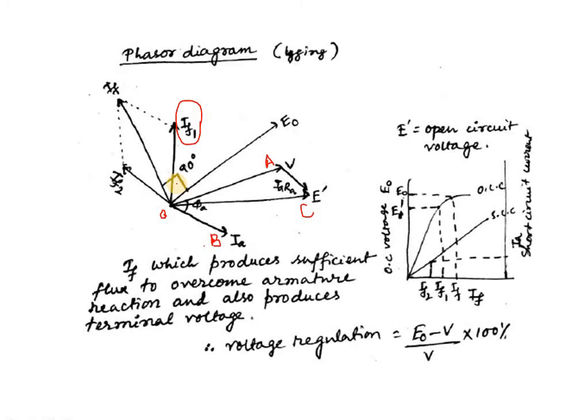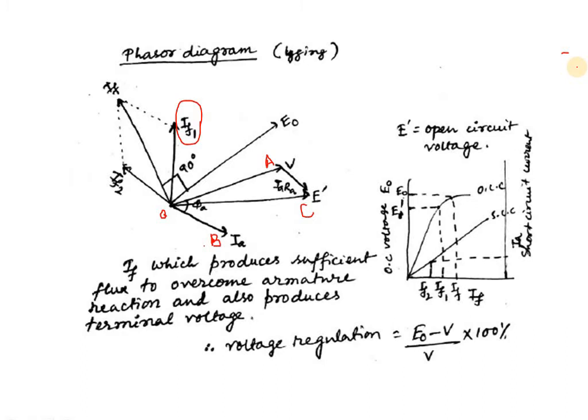It is assumed that on short circuit, all the excitation is opposed by the MMF of armature reaction and armature reactance. Thus, IF dash is IF dash angle 90 minus alpha. From the SCC, this is the SCC curve here. Determine the field current IF2 required to circulate the rated current on short circuit.